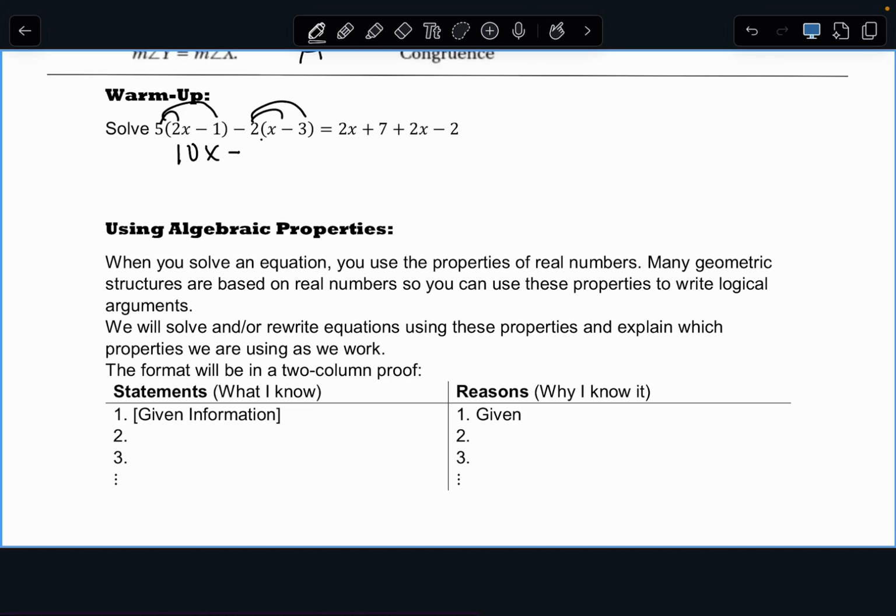Negative 5. When I distribute this 2 in, the negative's coming with it. So negative 2 times x, negative 2x. Negative 2 times negative 3? 6. There we go. I'm going to leave the right side the same for now.